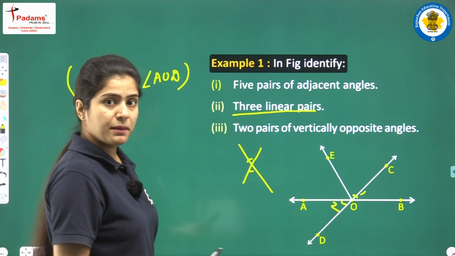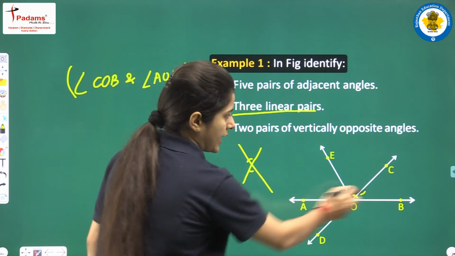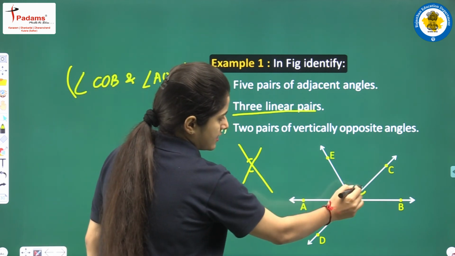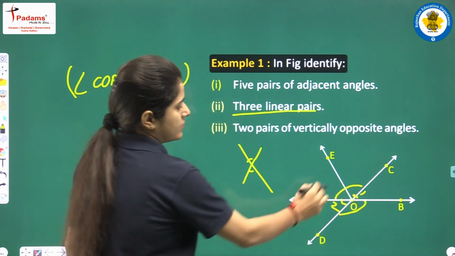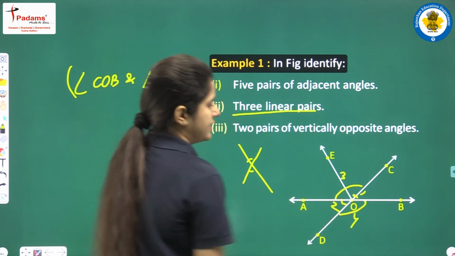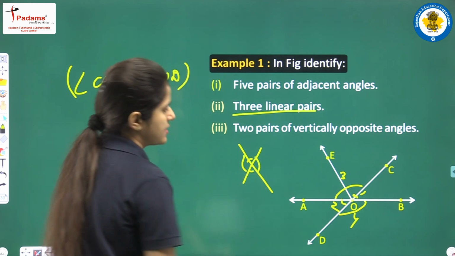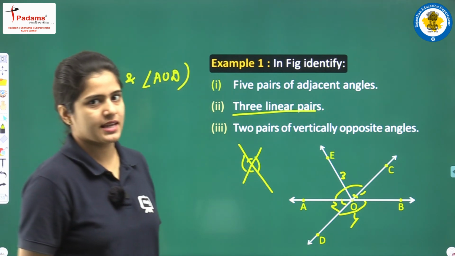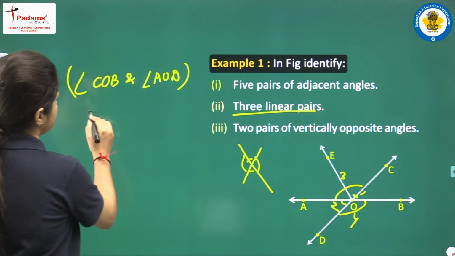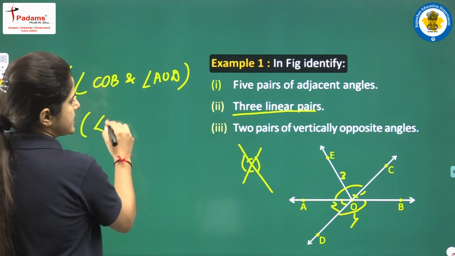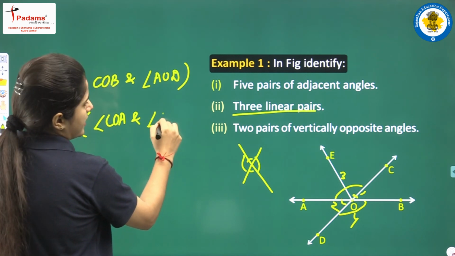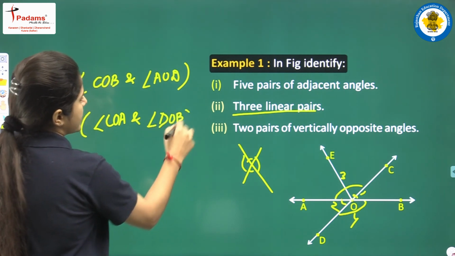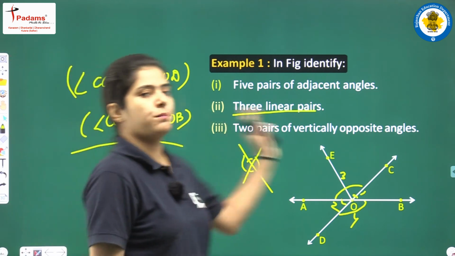The second pair of angles from these 2 lines, angle COA and angle BOD, like the third angle and the fourth angle. These 2 angles are also vertically opposite angles. So the second pair is angle COA and angle DOB. These are 2 pairs of vertically opposite angles.